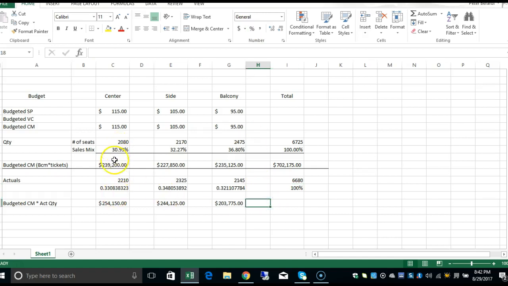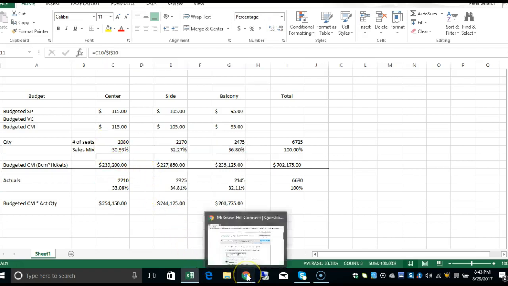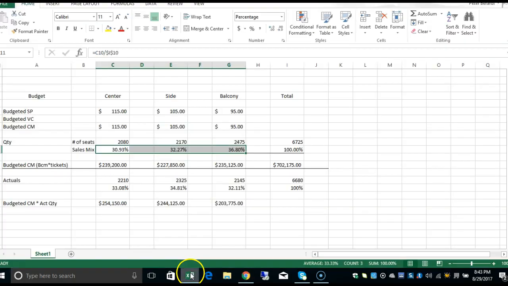Okay, so these basically are your budgeted sales mix: 30.93, 32.26, and 36.8 on the budget side.